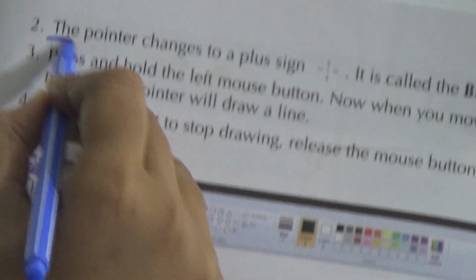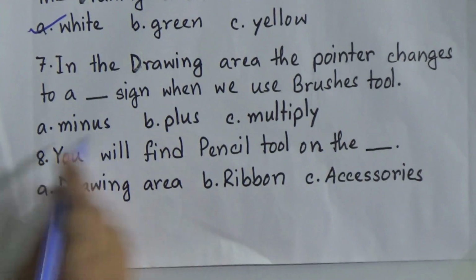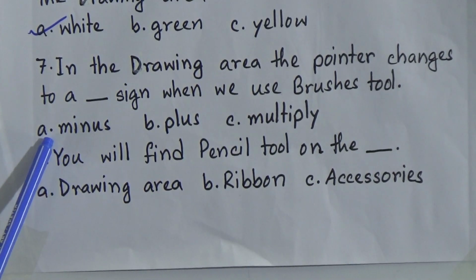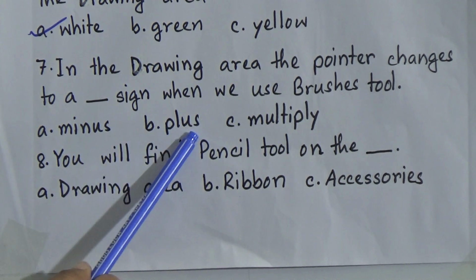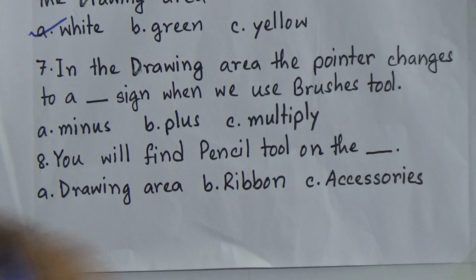But I know all of you know the answer. Now look, page number 35 and point number 2. The pointer changes to a plus sign. So what will be our answer? Options are A minus, B plus, C multiply. So our answer will be B, plus sign.